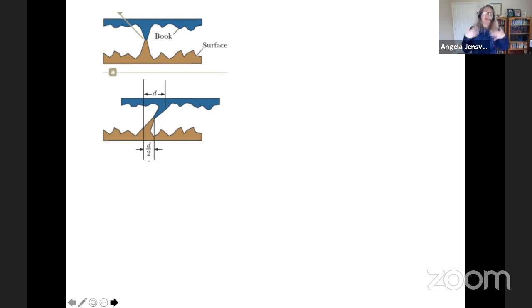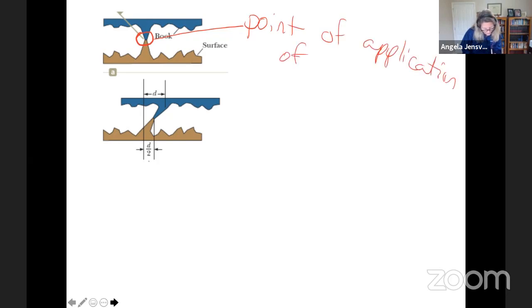And that happens over and over and over. So just look at this diagram here, okay? So I've got my book and I've got my folder, all right? What is this here? This is like where the bristles are touching. That is the point of application of the force, right? Now look at the bottom diagram.